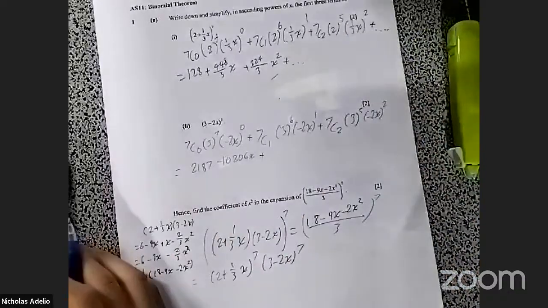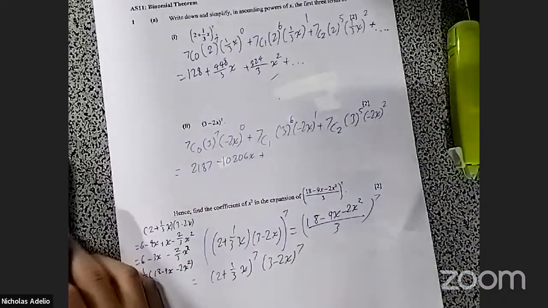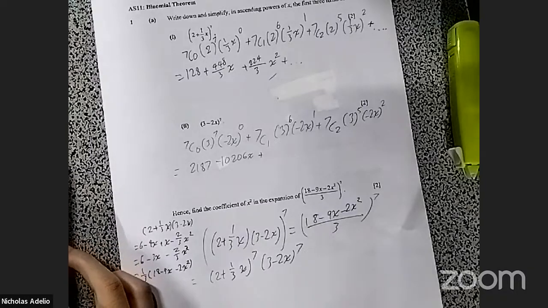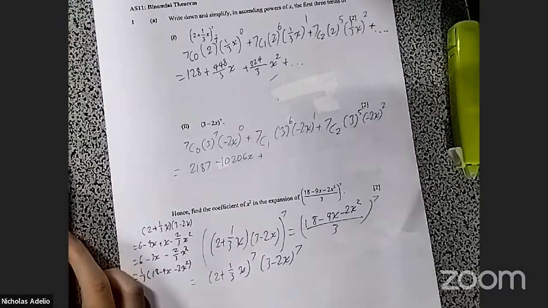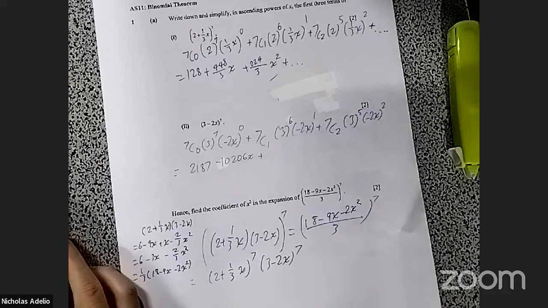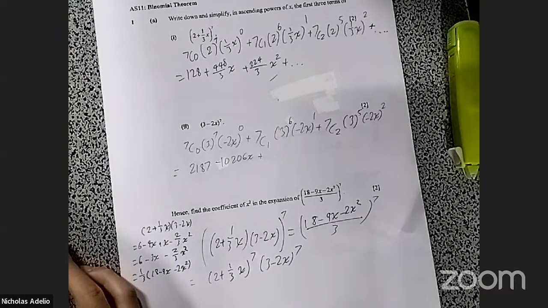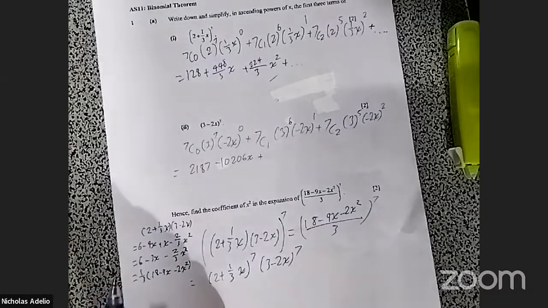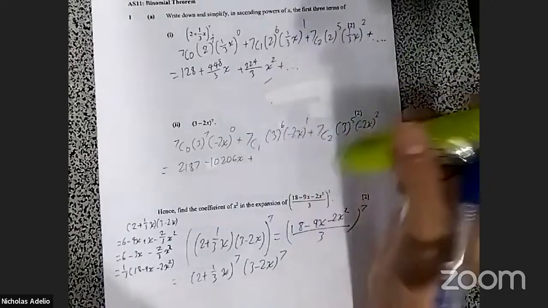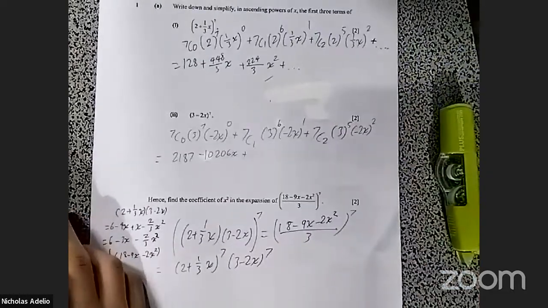And then 7 C2 times 3 power 5 times -2. Wait, that's wrong. 7 C2 times 3 power 5 times (-2) power 2. And the x is also squared, but it's right.